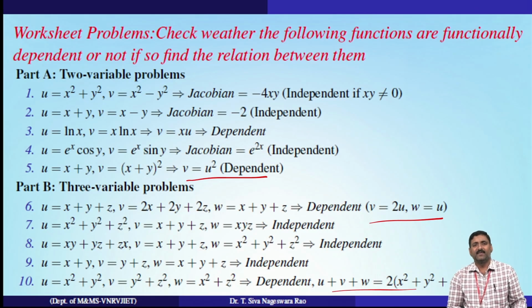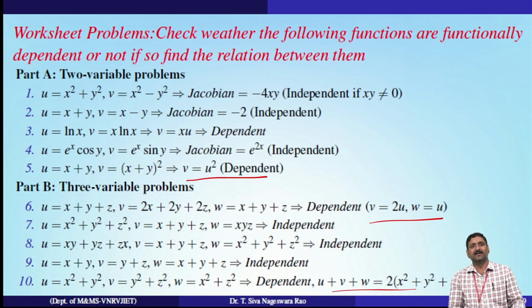So till now I explained the definition of Jacobian, in which two functions involve two independent variables. Similarly, three functions involving three independent variables. It means the number of functions is always equal to the number of independent variables.